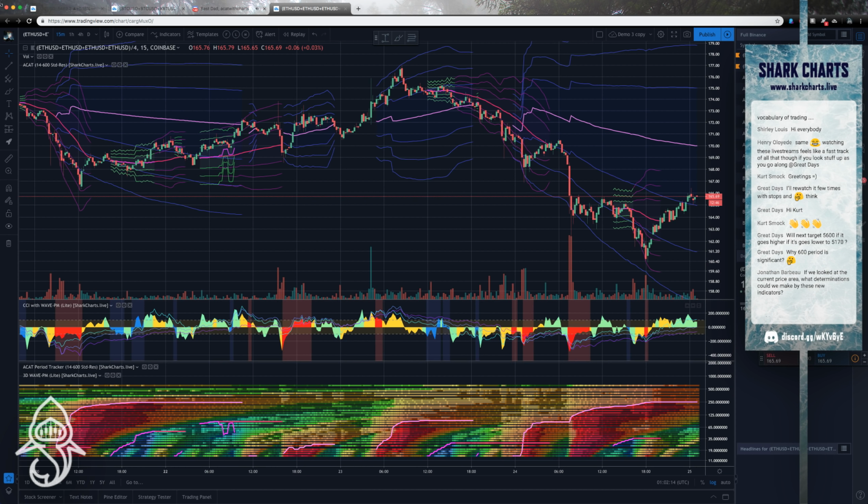Like, I'm pretty impressed by this. That's one of the best entries I can see, especially combined with the overexpanded wave PM cross. But just look at that over the past few days.